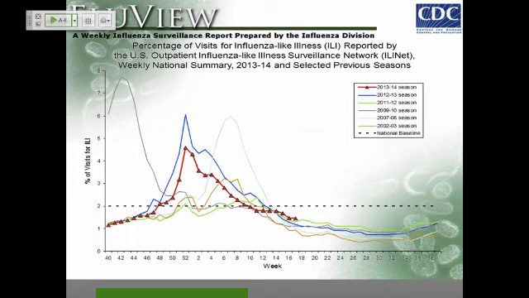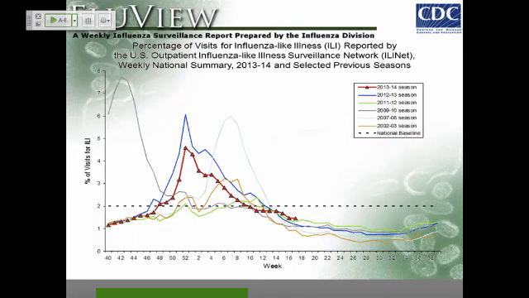Again, I mentioned this is a pretty normal year. Right around the beginning of the calendar year is when you have most of your spikes, but this can vary from year to year. So if you look at 2009, 2010, it was very, very early.